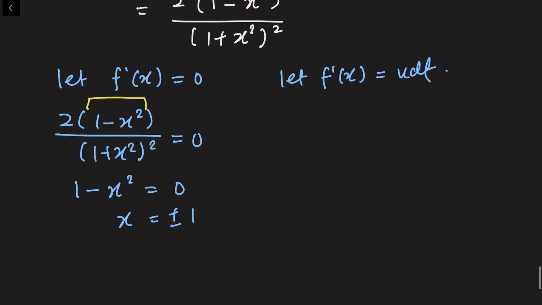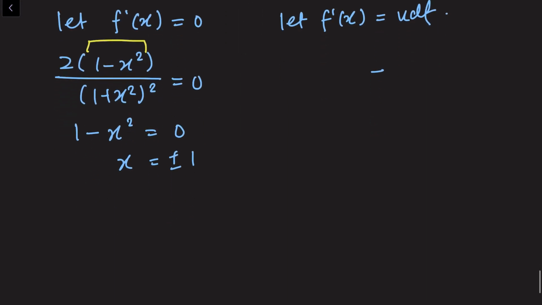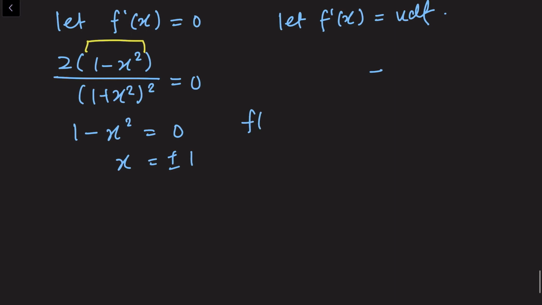Then for undefined, we will not have any x value that will give us a denominator equal to 0, so we just ignore this part. But always make sure that you check first. Then we just find f of -1 and f of 1.